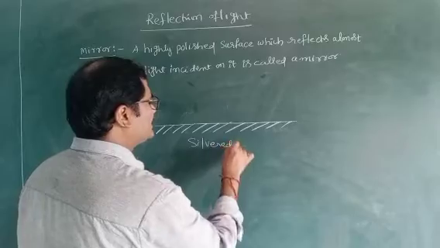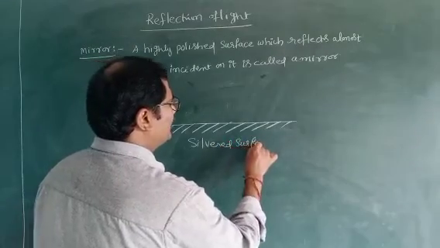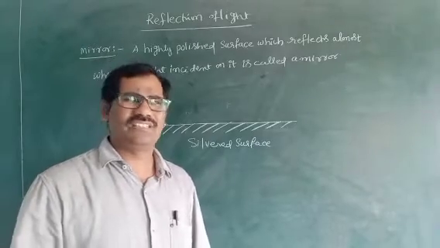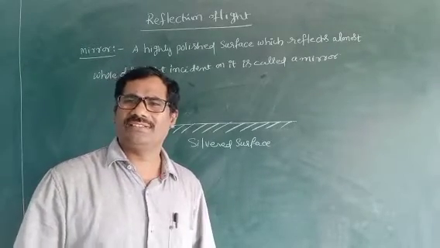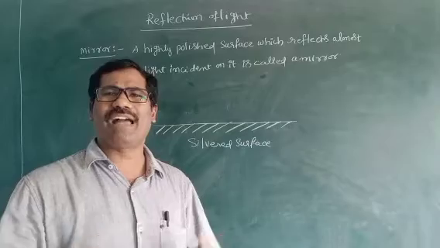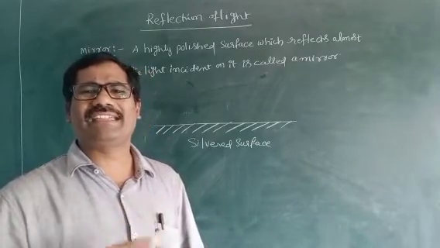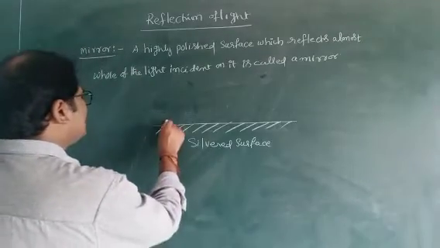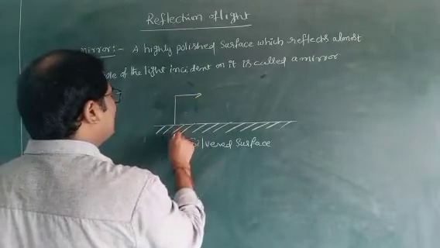The silver surface is formed with paint. In daily life, mirrors have a black paint on the back side, and the silver surface is the reflecting surface.